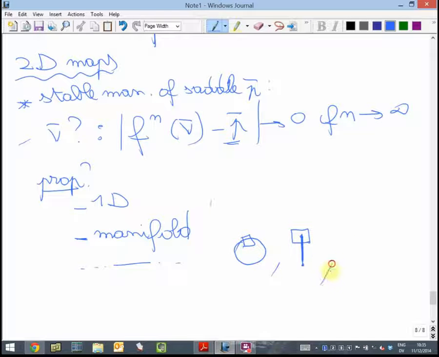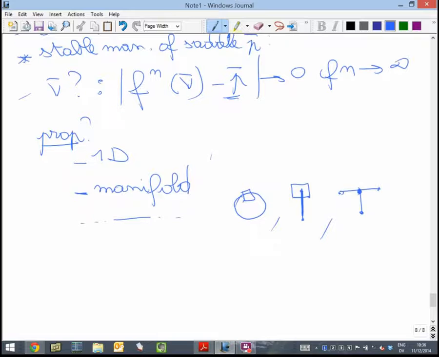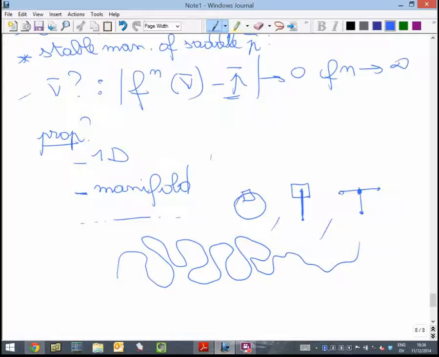So then obviously letters like T, certainly not a manifold. You have the intersection here, and you have the endpoints. So a 1D manifold is basically a shape which you can draw without lifting your pen and without intersecting yourself. So here I get close, but luckily I get away. So this is like a 1D manifold.